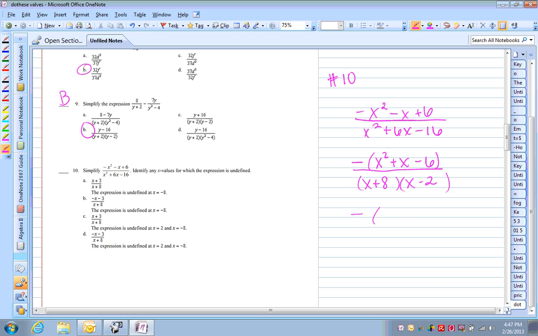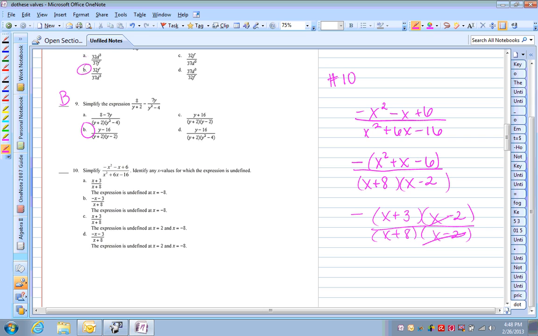And then I try and factor the top, and I end up with negative times x squared plus x minus 6. I have to think of two numbers that multiply to negative 6 but add to 1, and that's positive 3 and negative 2. So I have negative times x plus 3 times x minus 2 over x plus 8 times x minus 2.